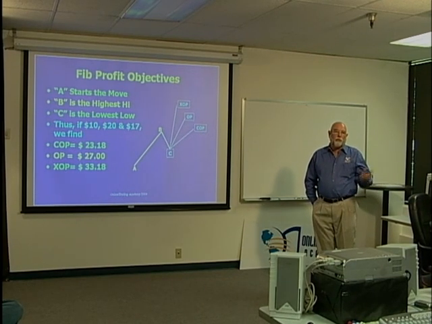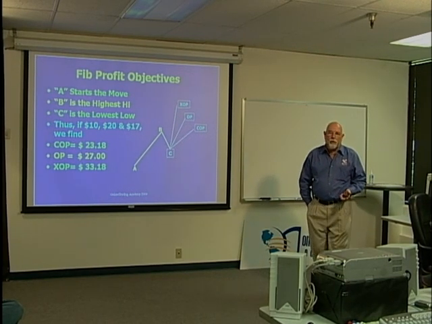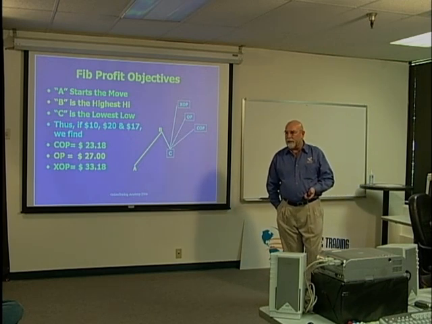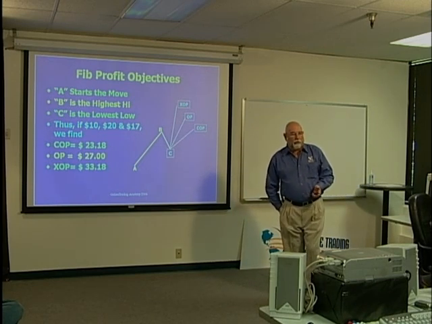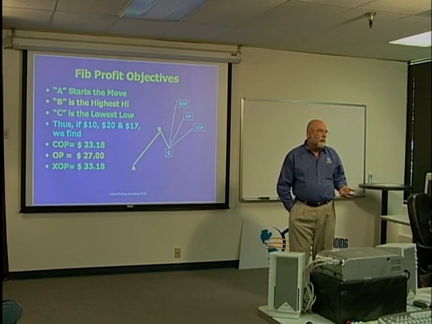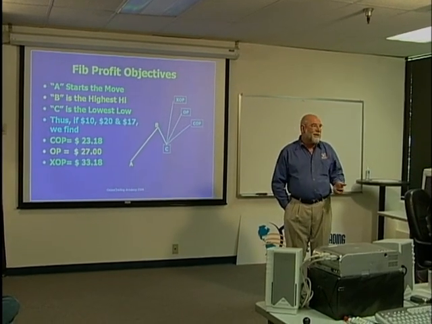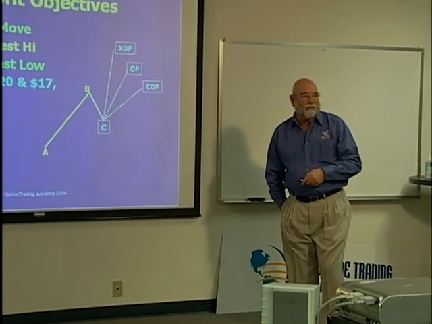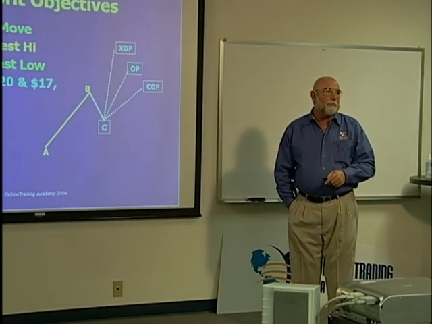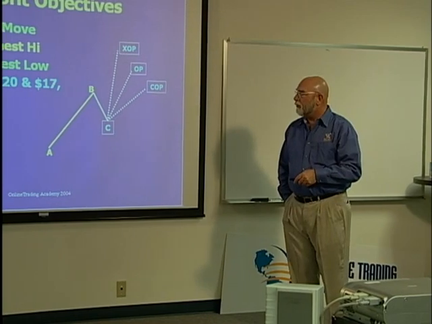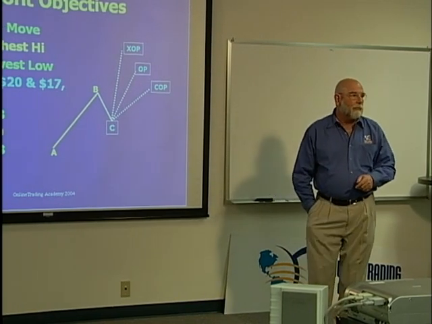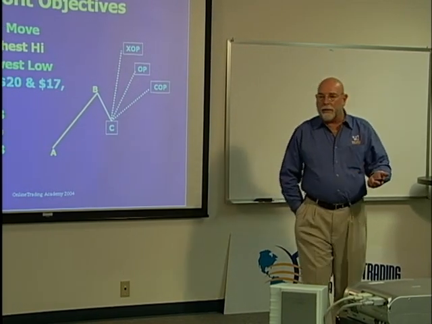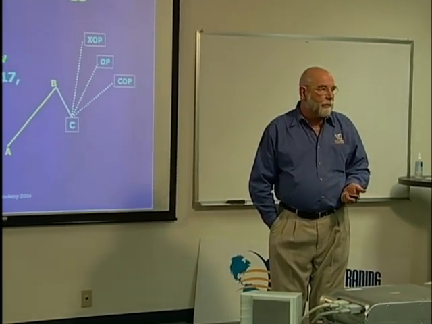So we're going to take the first fib ratio, which is .618. .618 times 10 would be $6.18. We would then add that to our 17 at C. So 6.18 plus 17 would be 23.18. Okay? Again, the next one is real easy math for you.